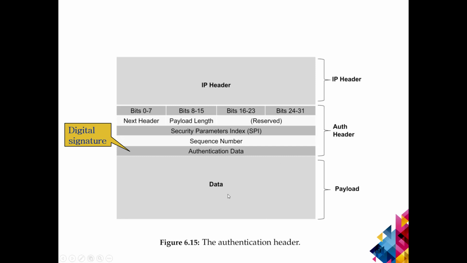Payload is normally the data. Before all of this packet is sent to another node or another location, all of these things need to be sent and carried, and we have the authentication data. All of this authentication data is considered a digital signature.